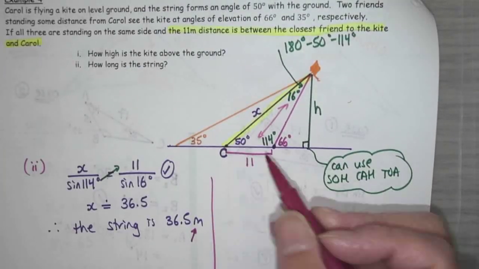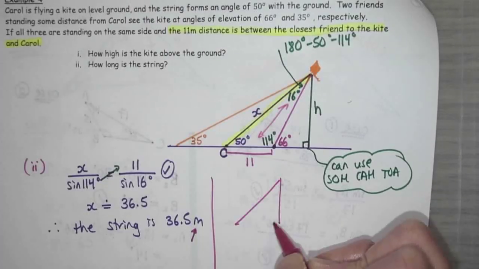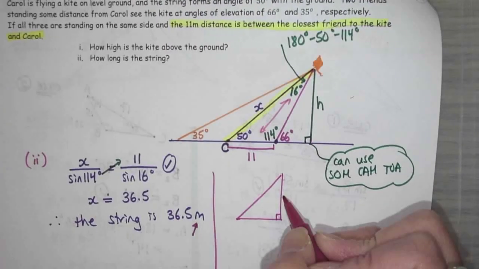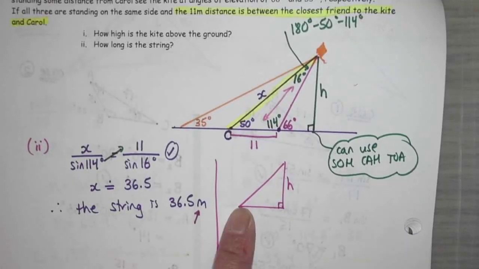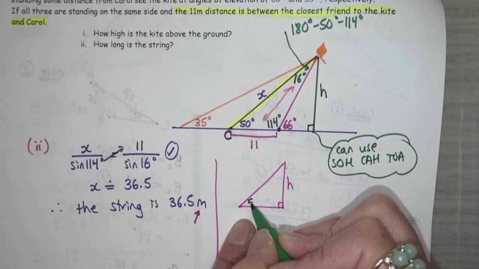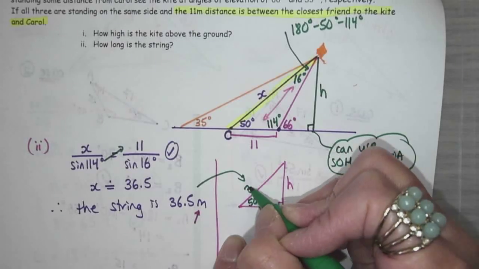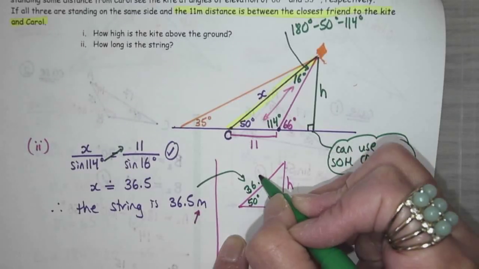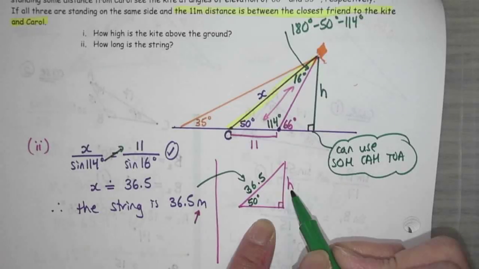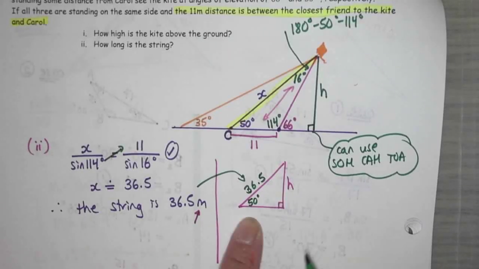You have X. But wait, all I need is the 50. Don't I just need the 50 and the X, which I have from over here? Yeah, 36.5. So look, that goes to H. The 50 is here. I have 36.5. Now I can use SOHCAHTOA.